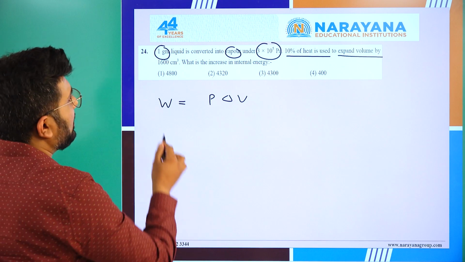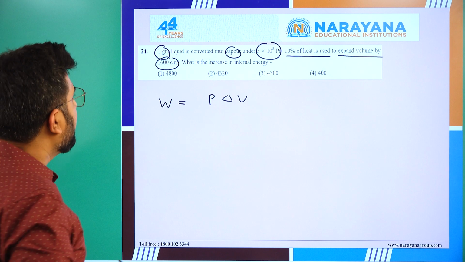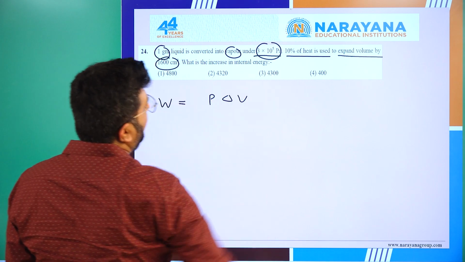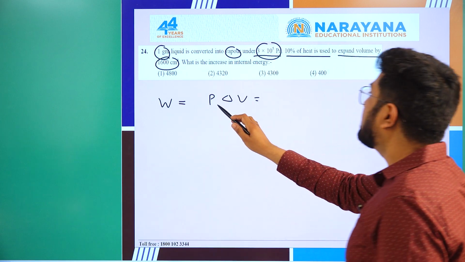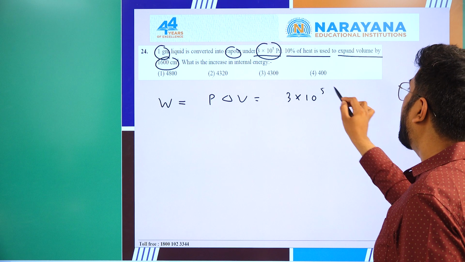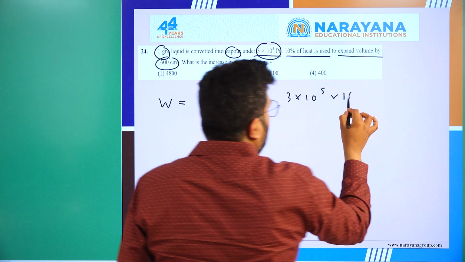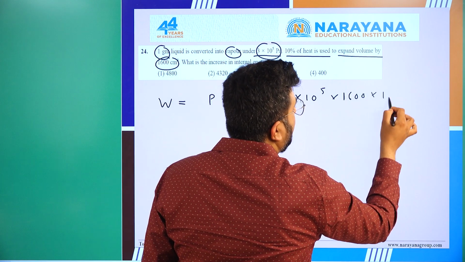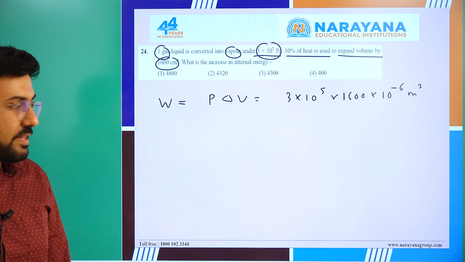According to the question, the volume increased by 1600 centimeter cube and the pressure is 3 into 10 raised to the power 5. So I will write the work done as P, which is 3 into 10 raised to the power 5, into the volume, which is 1600 into 10 raised to the power minus 6 meter cube, because I will write in SI units.